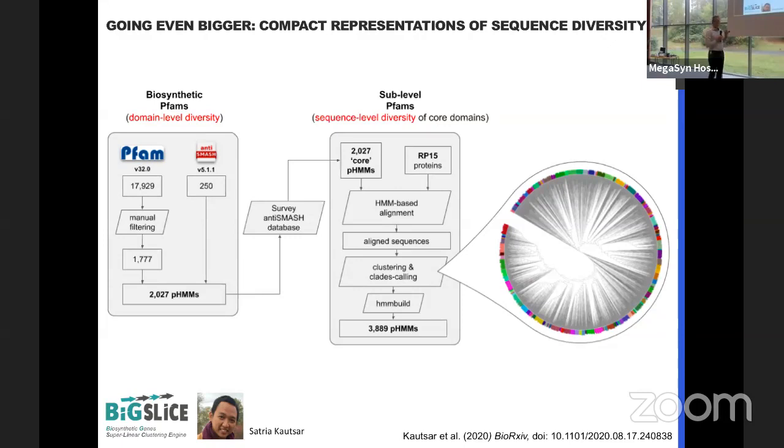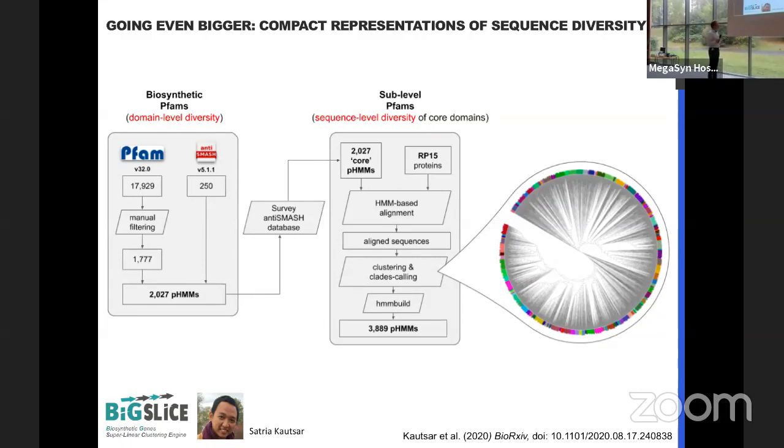So we thought it would be really cool if we're also able to identify gene cluster families in a global fashion. For example, taking all the genomes that are out there, which are now hundreds of thousands of genomes, more than 1 million gene clusters, and cluster those into gene cluster families.